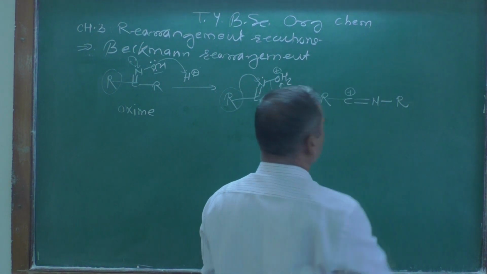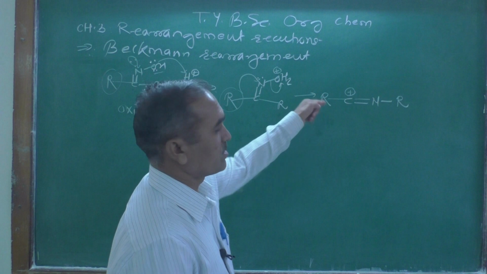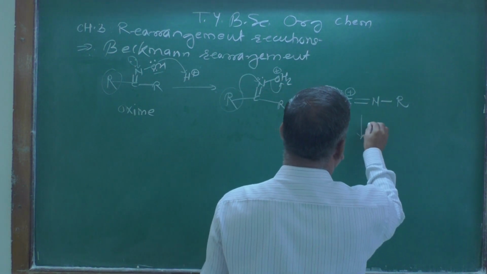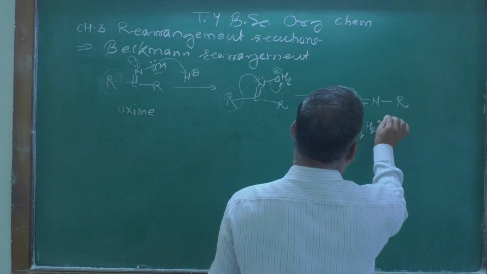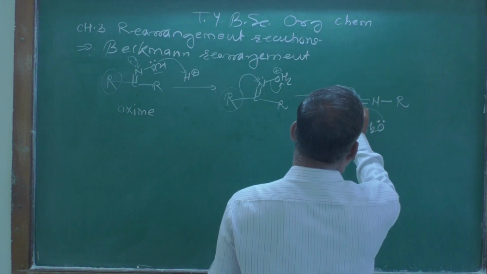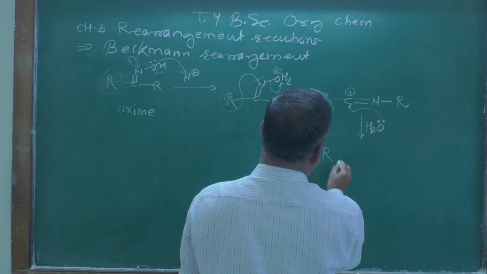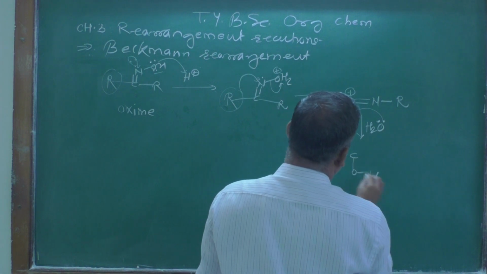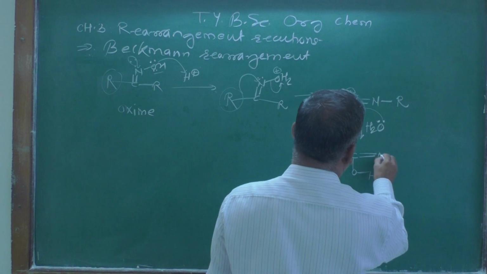It has a positive charge, meaning there is a carbocation. And now this water molecule is going to attack that carbocation, and you are going to get here R, then C, OH, I am writing like this, and double bond NR.